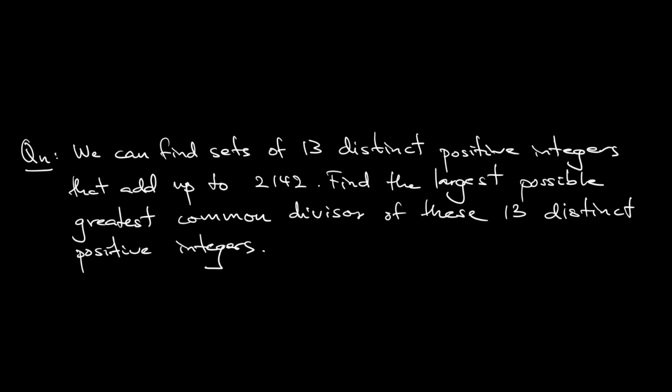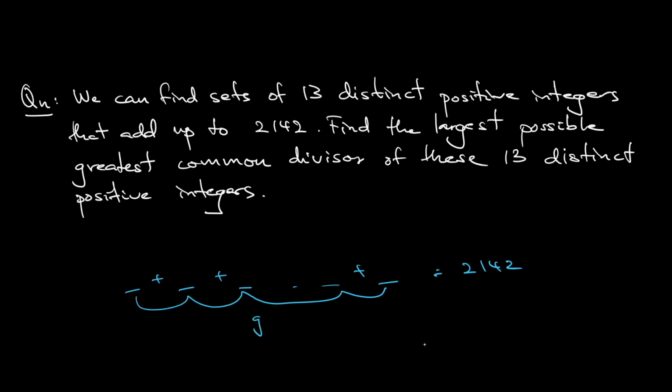Okay, so let me explain the question first. So 13 numbers, add together, let's say, is equal to this. So among these 13 numbers, you will have the GCD of these 13 numbers to be something.